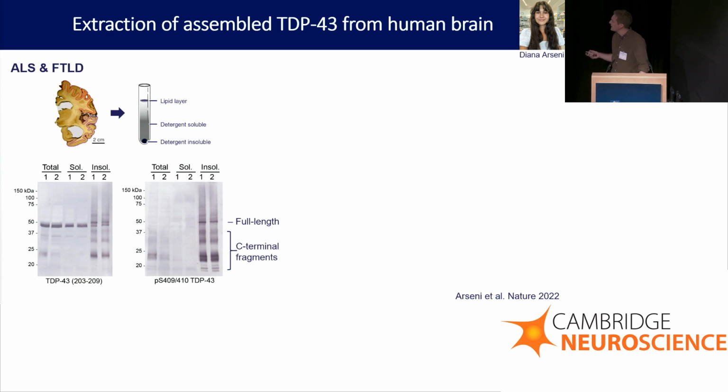And she tweaked this until she was able to show biochemically that she could leave behind the physiological form, the full-length form of TDP43, shown here in this soluble fraction, and enrich in an insoluble fraction only the disease-associated form, which we see is phosphorylated with antibodies against phosphorylated TDP43 and contains these C-terminal fragments of the protein.